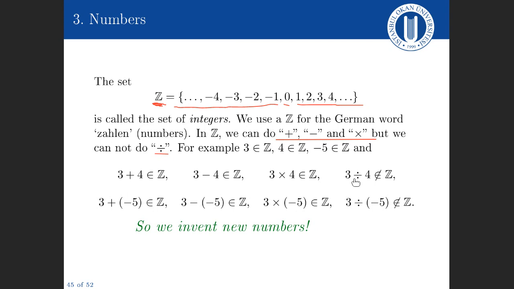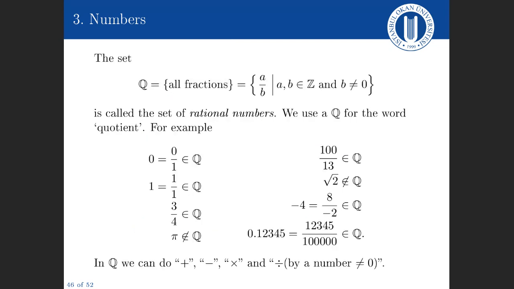So what do we do? What did humans do in our history? We invented new numbers. We invented numbers called rational numbers, for which we use this special hollow Q. This is the set of all of the fractions, or to be more precise, it's the set of all of the numbers a divided by b, such that a and b are integers and b is not 0.